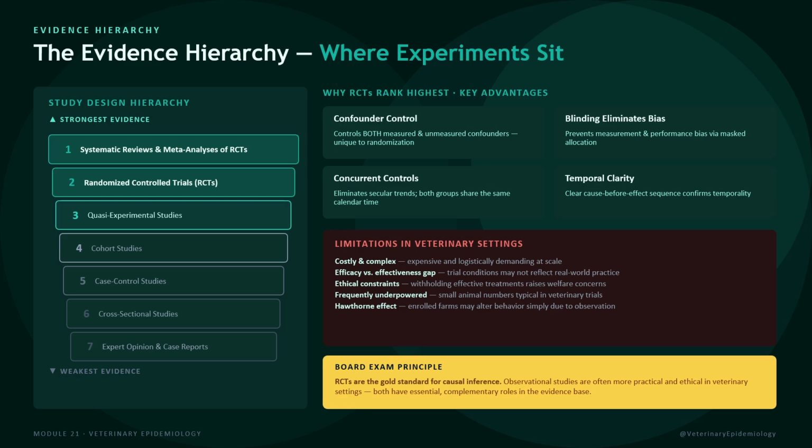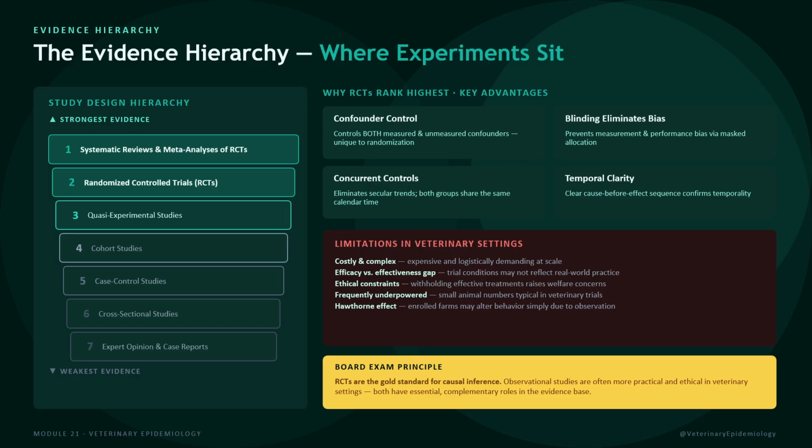Systematic reviews and meta-analyses of RCTs are at the top because they synthesize multiple high-quality trials. Individual RCTs come next because randomization uniquely balances both measured and unmeasured confounders, something observational studies can never fully achieve.